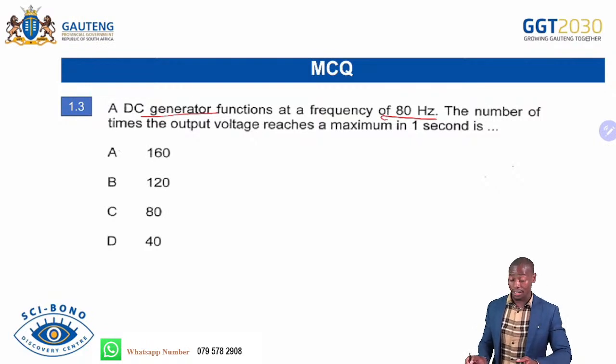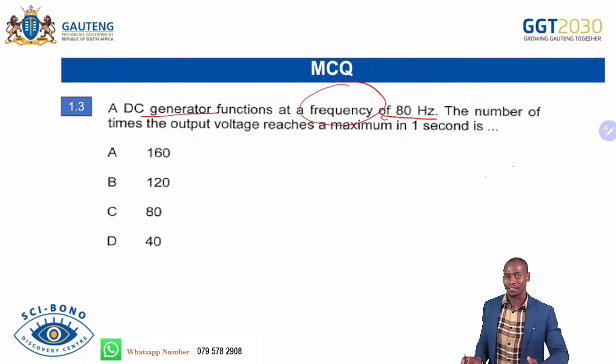You actually need to know the meaning of 80 hertz, right? One, what is frequency? Remember, frequency says the total number of waves or total number of vibrations passing a point per second, right?